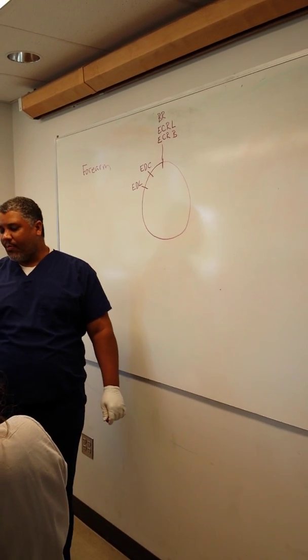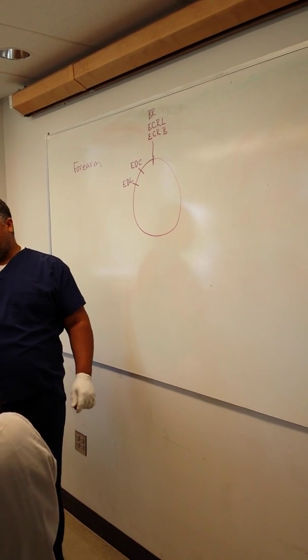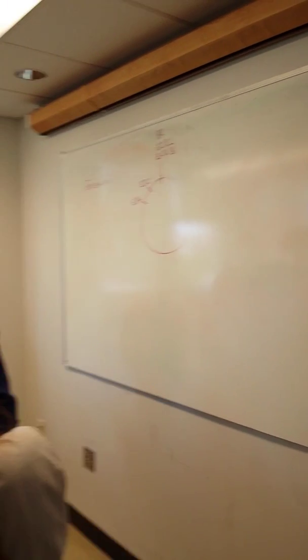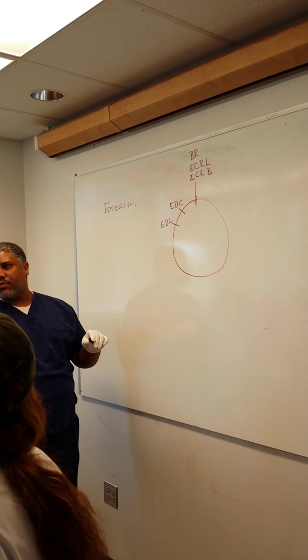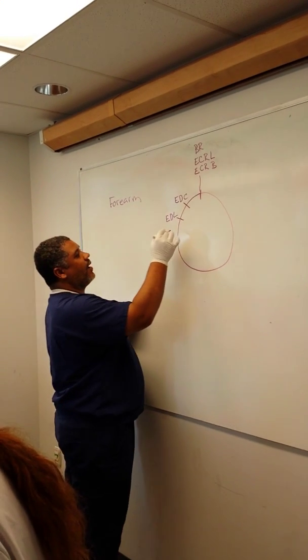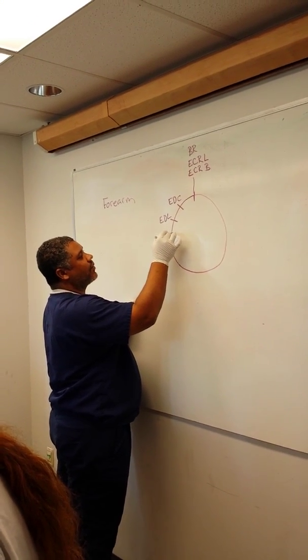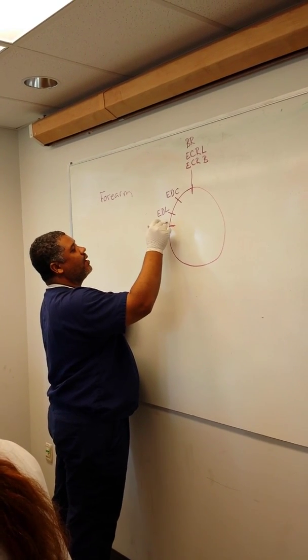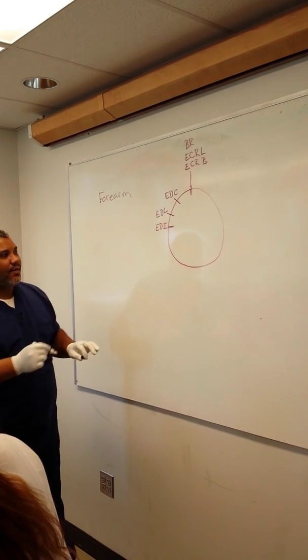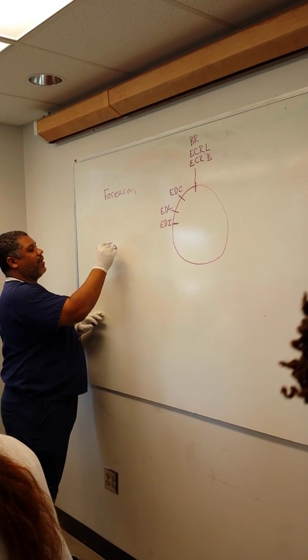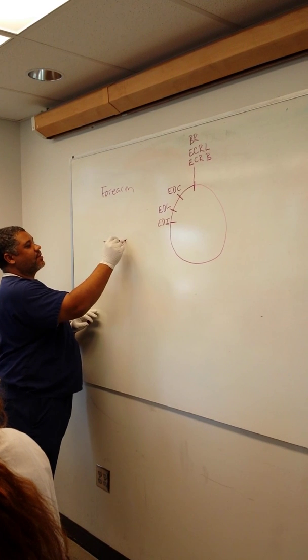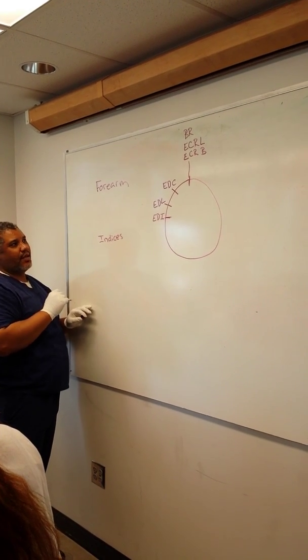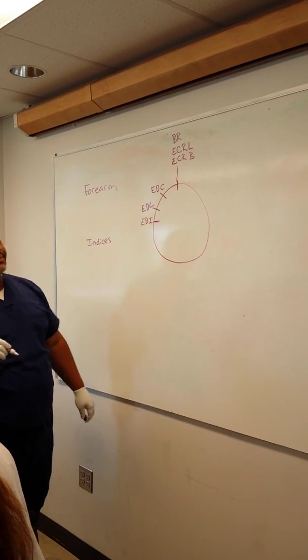Okay? Now on your book, this is where it gets a little bit complicated, because in your book you go below the extensor digitorum lateralis, and that muscle is right here, and it's called the extensor digitorum indicis. Okay, that'll be the extensor digitorum indicis.